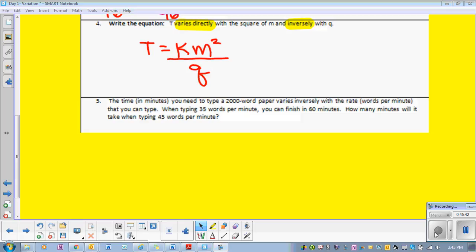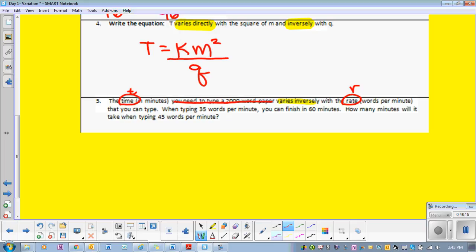Good. So look, you have this weird word problem that looks so crazy, but look for your key words. Varies inversely. What does? The time. We can call that t, right? Makes it a little bit easier. So the time varies inversely with the what? With the rate. How fast you can type, right?